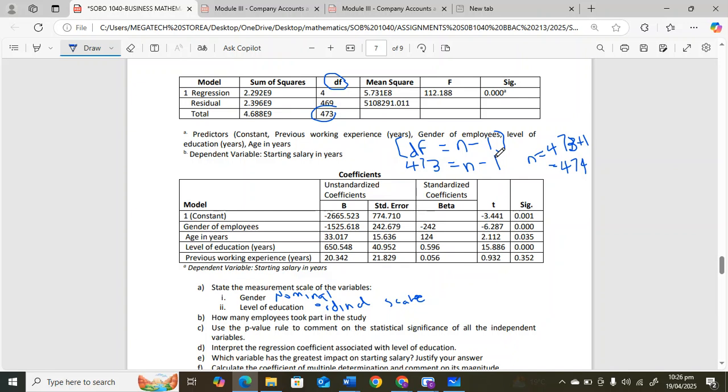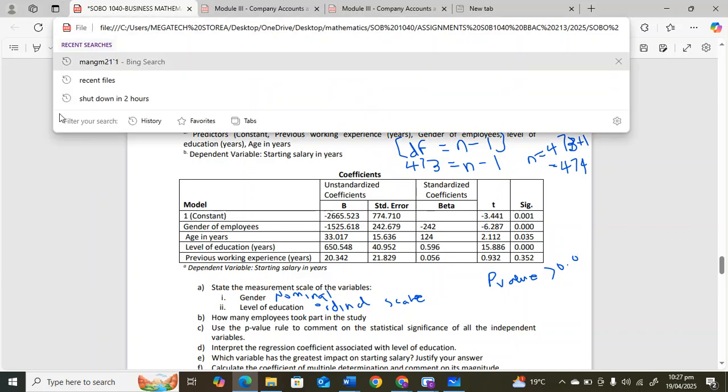Use the p-value rule to comment on the statistical significance of all independent variables. So colleagues, remember, if your p-value is greater than 0.05, then your results can be due to chance or randomness, meaning your results are not reliable basically.